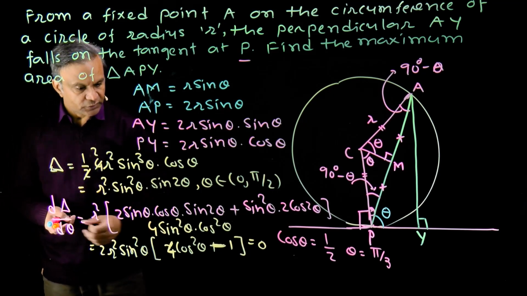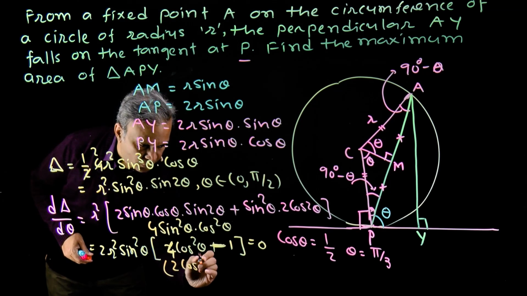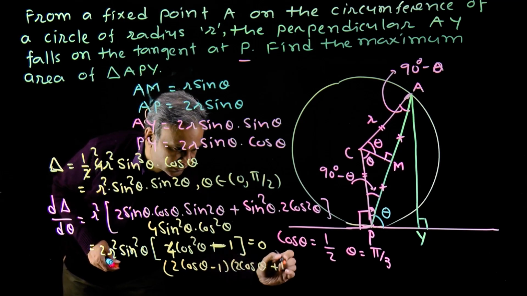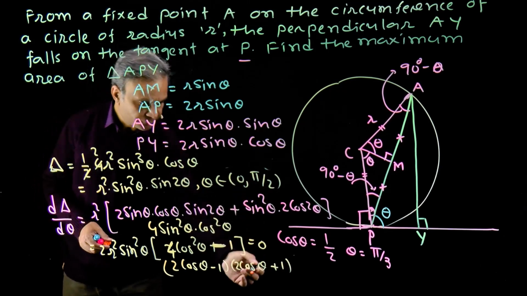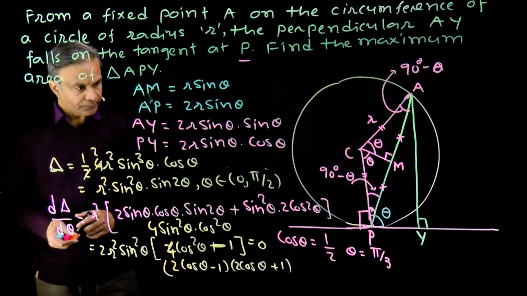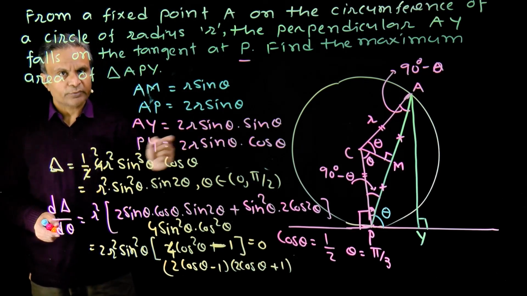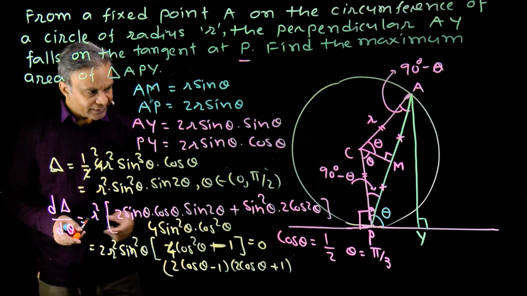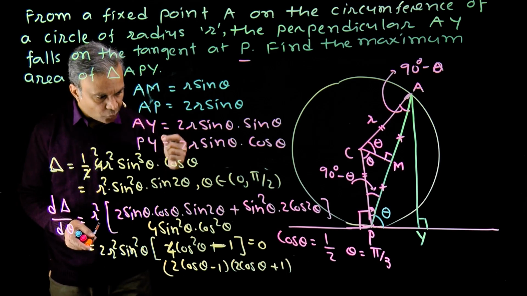We can verify with the sign scheme method. Here we have factors 2 cos theta minus 1 into cos theta 2 cos theta plus 1. Sine square theta is always positive. For these values of theta, 2 cos theta plus 1 is positive. Now in the first quadrant cosine is decreasing function. फर्स्ट क्वाड्रेंट में कोसाइन डिक्रीज करता है. ओके, so when theta is less than pi by 3, cos theta will be more than 1 upon 2.